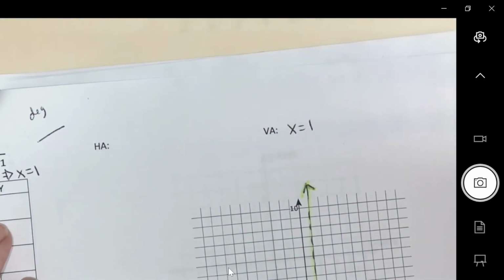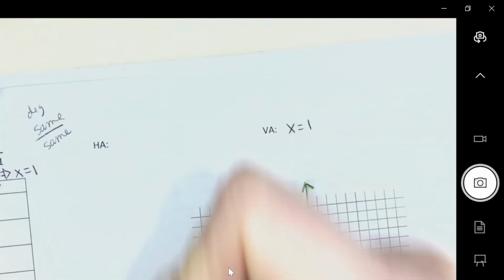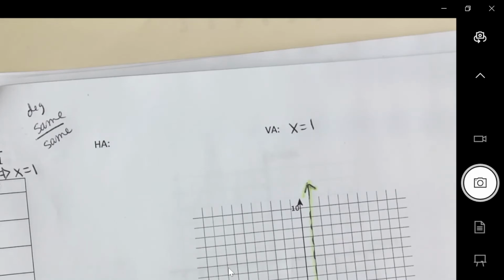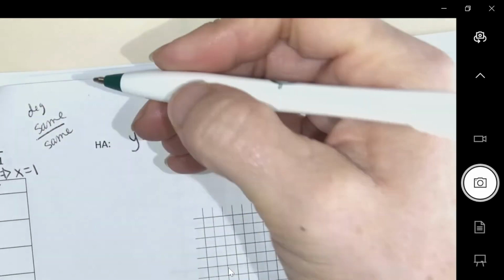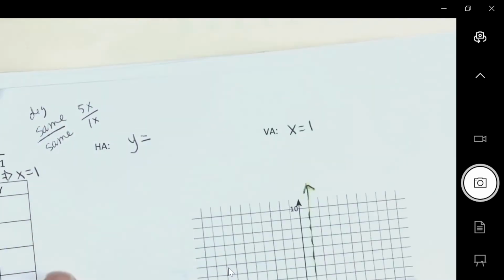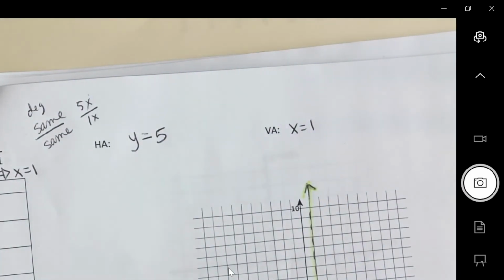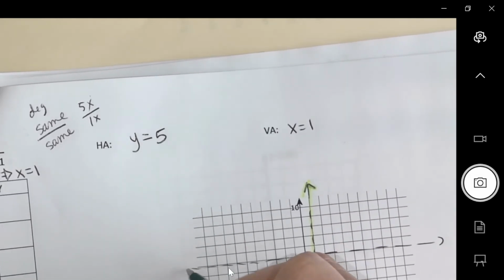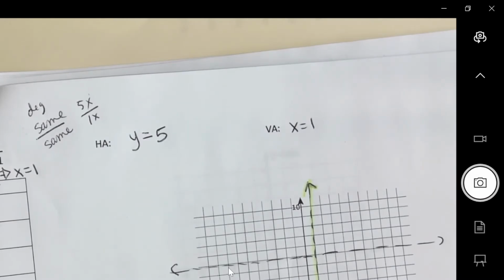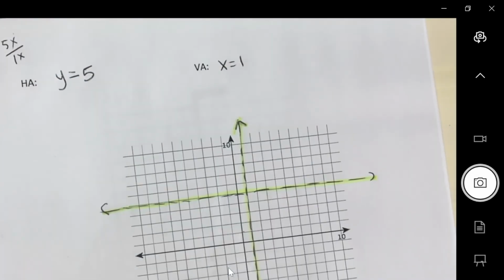What do we see here? It's the same. So we have the same rule. What do we do when the degrees are the same? We're going to divide 5x by 1x, making a 5. Okay, so there's our horizontal asymptote.